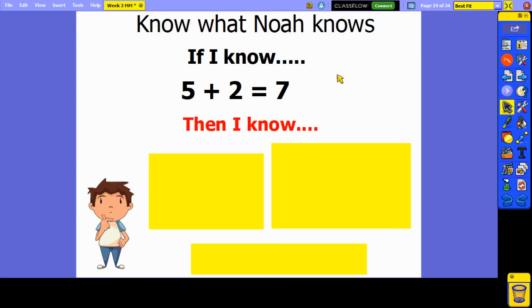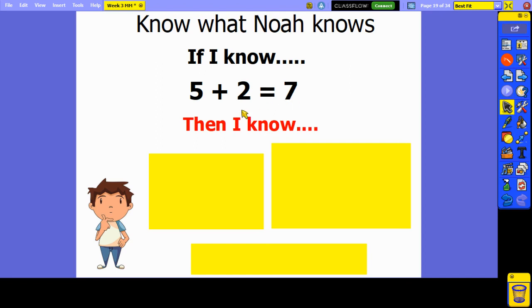Oh, we were good at this yesterday. Do you know what Noah knows? I've given you one super easy equation. 5 plus 2 equals 7. My whole is 7. My parts are 5 and 2. If I know this equation, what other equations can you tell me? Have a think.